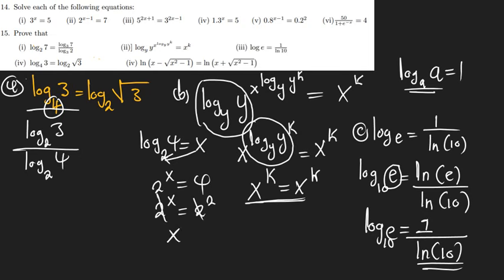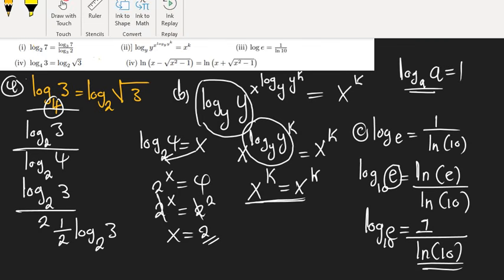So x equals 2. So this is the same as log base 2 of 3 over 2, which is 1 over 2 times log base 2 of 3. Guys, remember log properties.